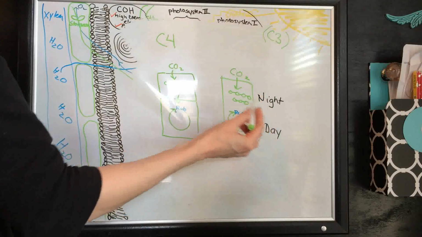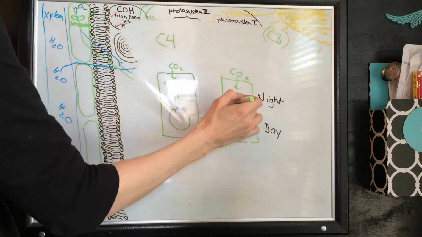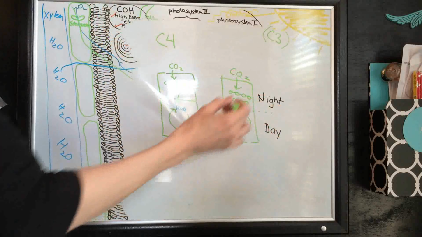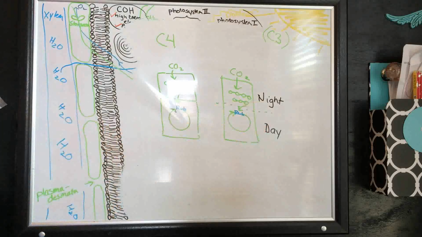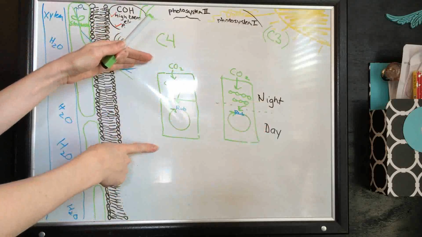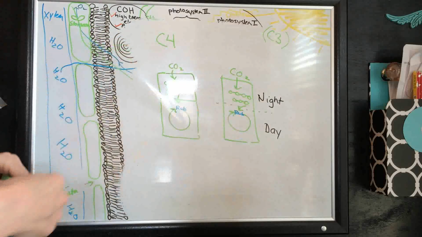Okay, and then it will shut its stomata during the day and shut this process down. And then during the day, it will allow the Calvin cycle to run with these gathered CO2s. So the only difference is this is an actual physical separation between the two processes, and this is a temporal or time separation between the two.